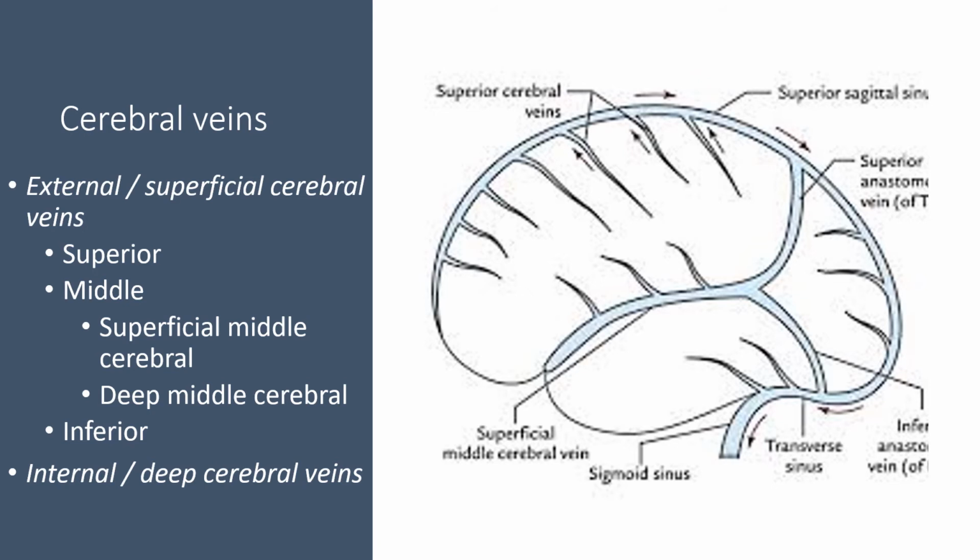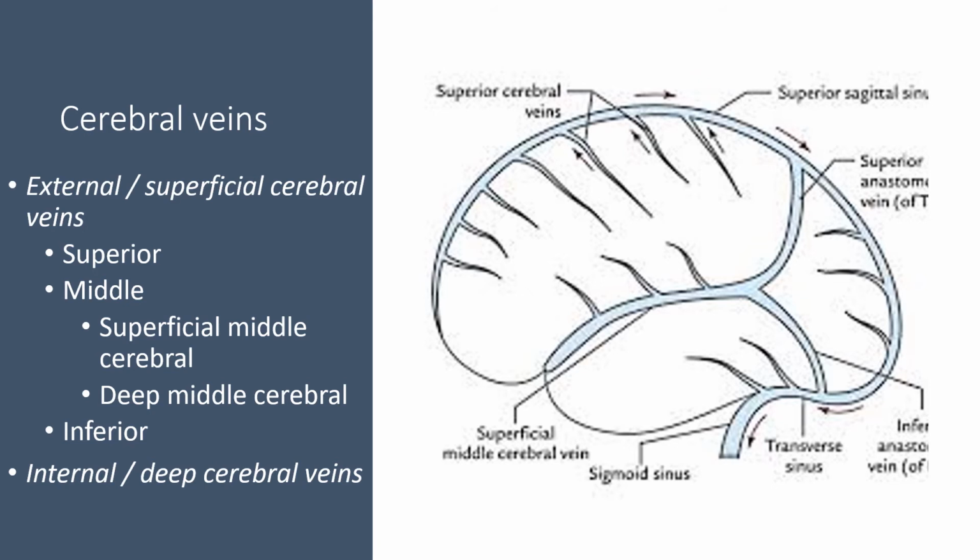The superior cerebral veins are about 8 to 12 in number and drain the upper parts of the superolateral and the medial surfaces of the cerebral hemisphere. The middle cerebral veins are usually 4 in number, 2 on each side.